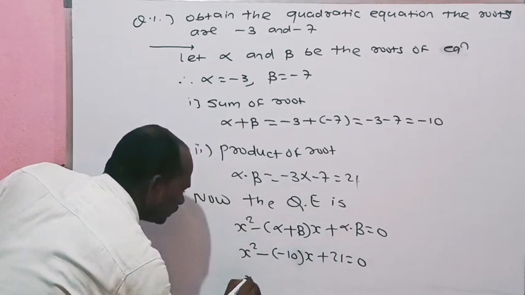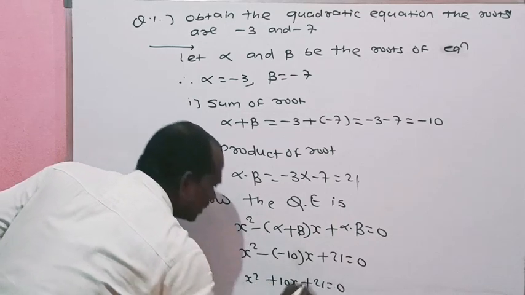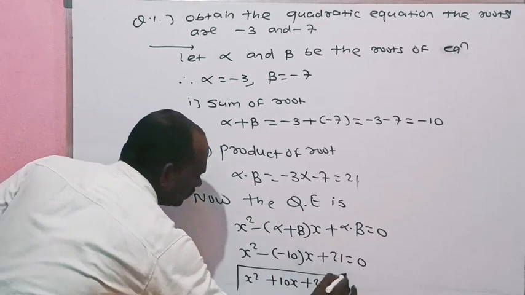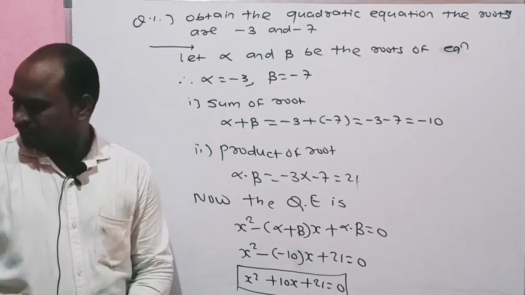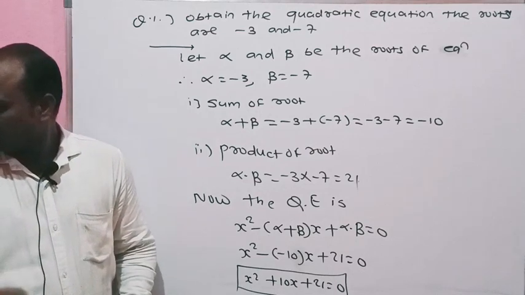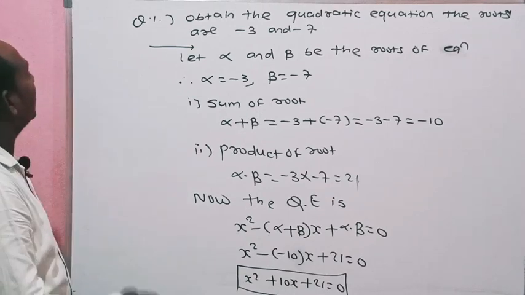Now x square plus 10x plus 21 equal to 0. Now this is the required quadratic equation. Now the another example, as we can see in the other examples.